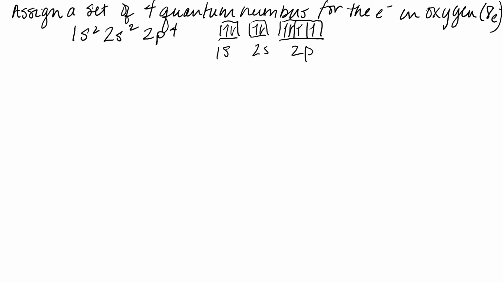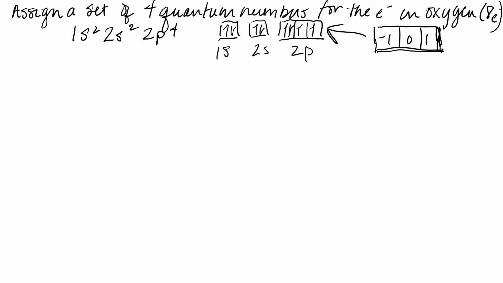The reason I do this is I'm interested in assigning the correct M sub L for those 2p electrons. Let me blow this subshell up. So these are the 3 orbitals in the p subshell. This is -1, 0, and 1.